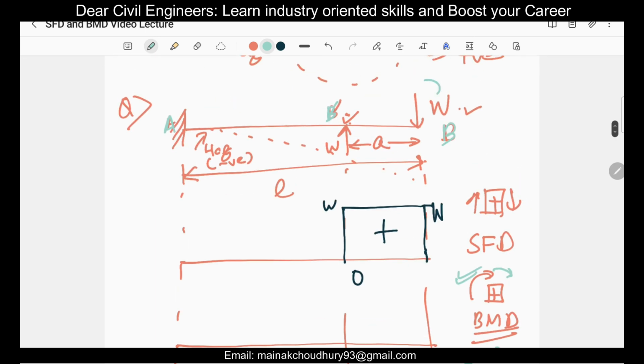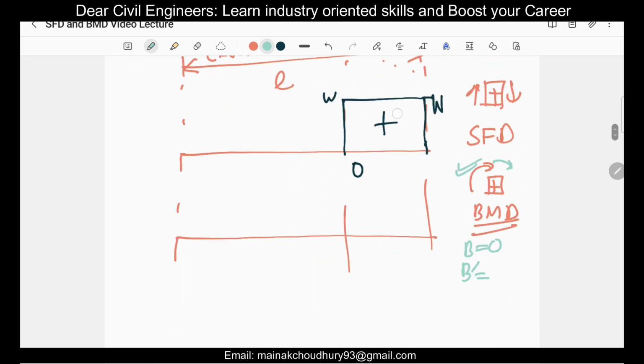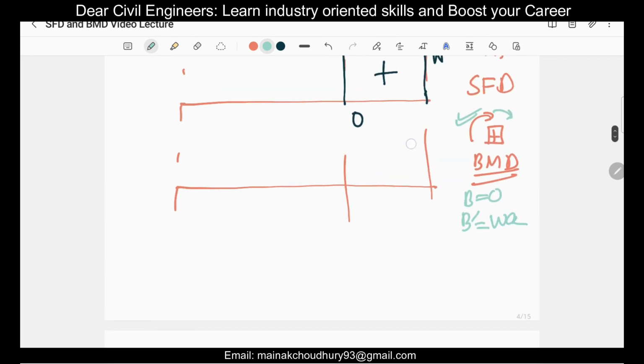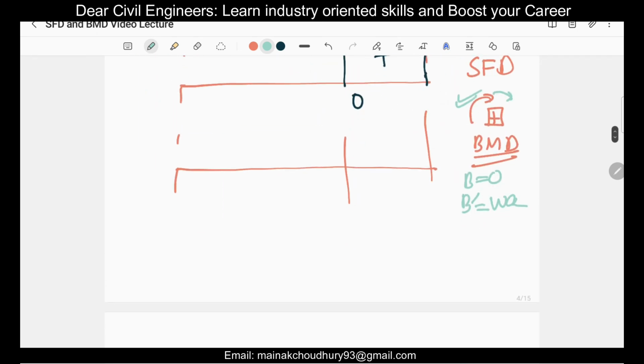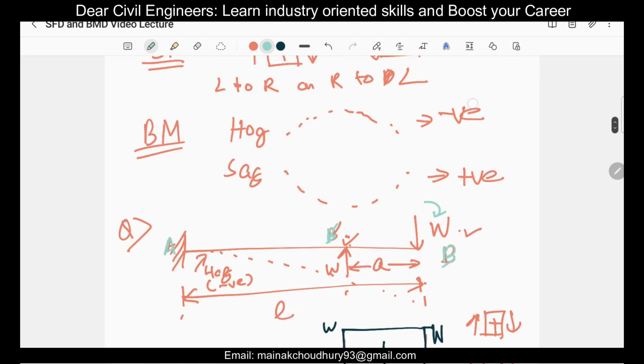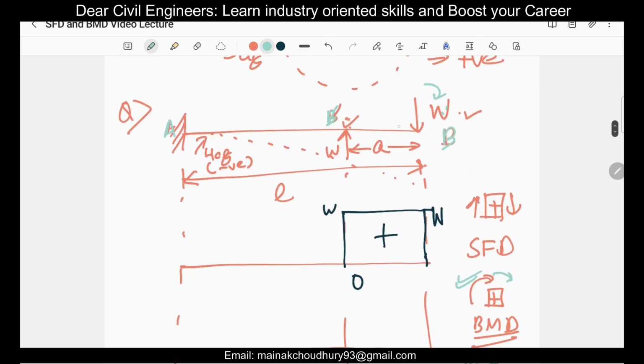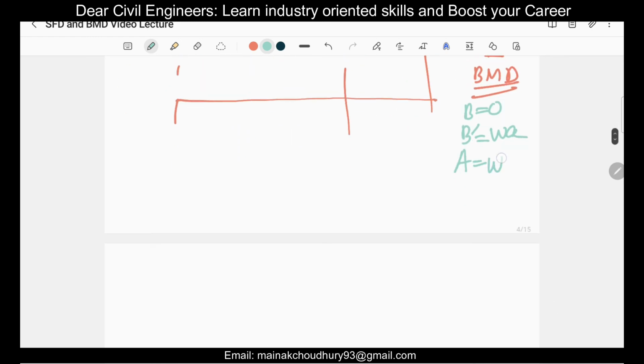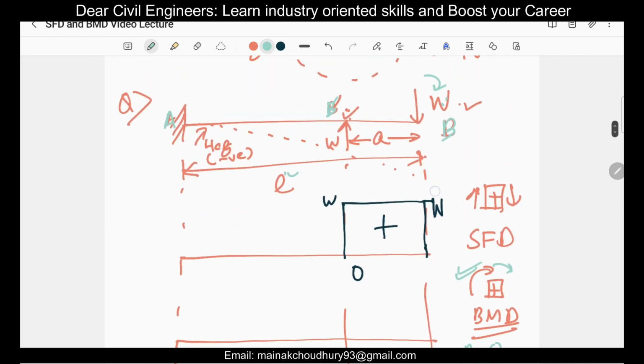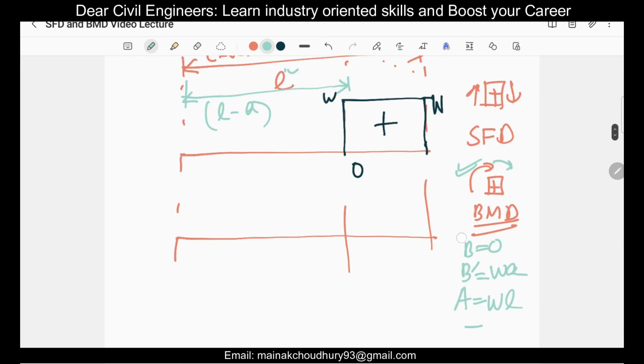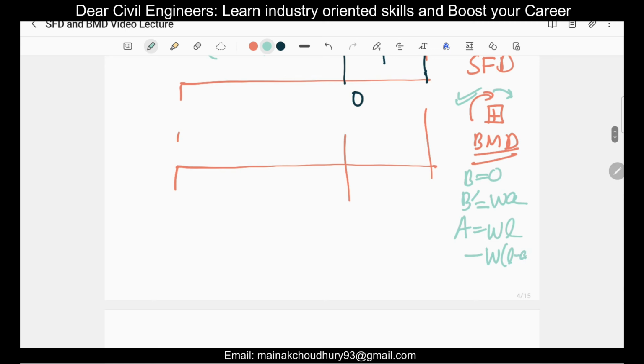So B dash moves along this direction, so it is positive W into A. At A, first consider this particular load W, so it will be W into L. Then minus, because this load W is coming in the opposite direction, so W into this portion, which is L minus A. So minus W into L minus A, and if you do this, only WA will remain.